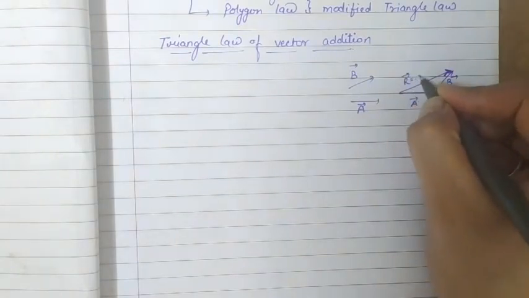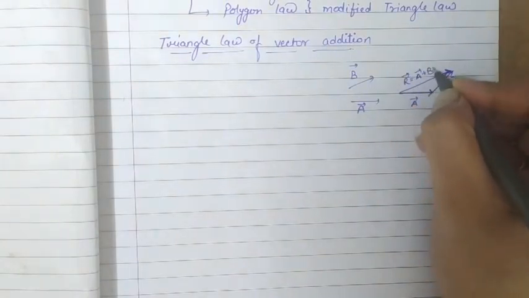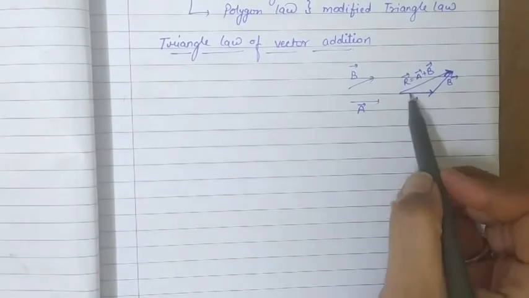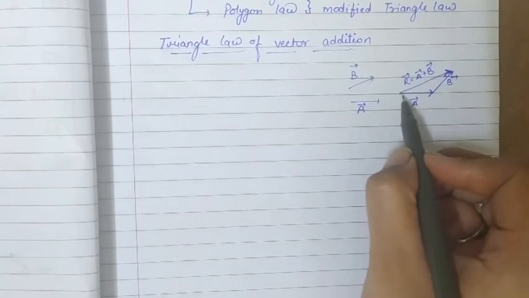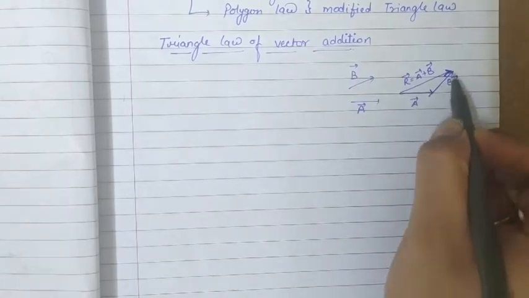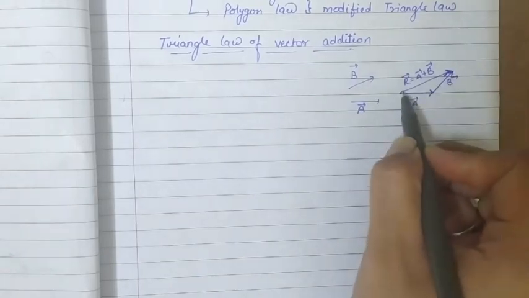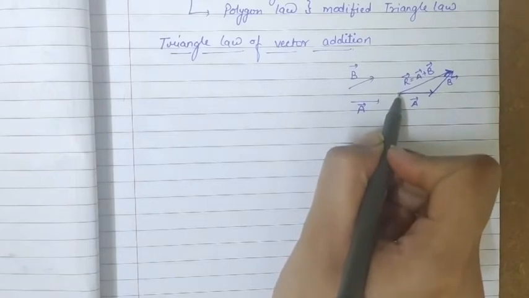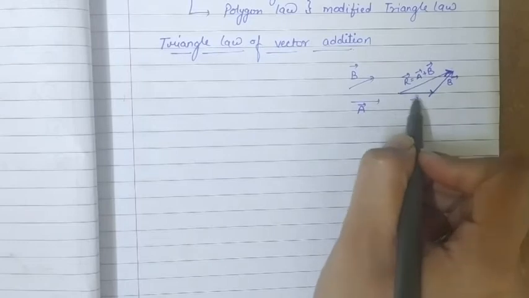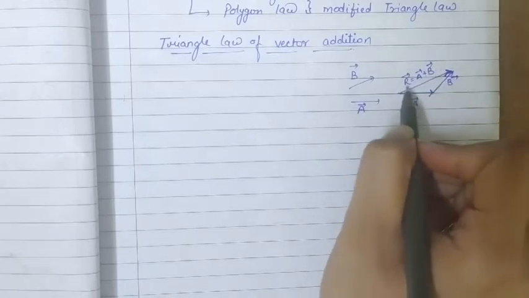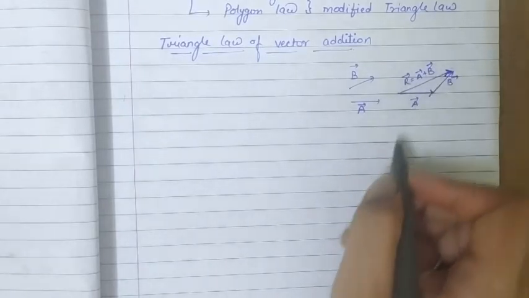This is the resultant vector which represents A vector plus B vector, and it is taken in opposite order. Opposite order means अगर same order होता तब हम ऐसे लेते A then B and then resultant, but we have taken it from this initial point, like this. So this is the opposite order. Instead of the same cycle यहाँ पर हमने साइकिल चेंज कर दिया, सो ये अपोजिट ऑर्डर हो गया.